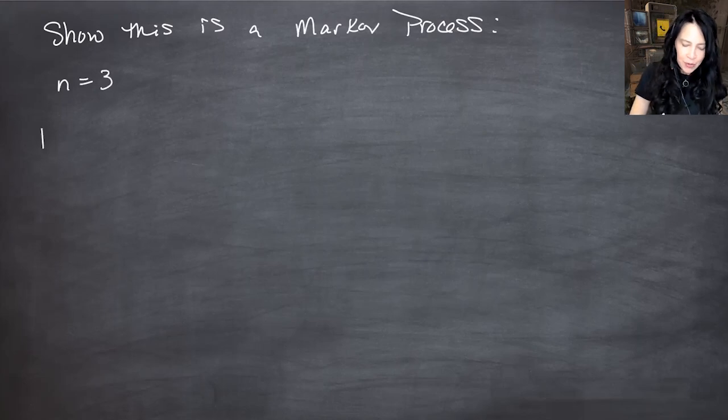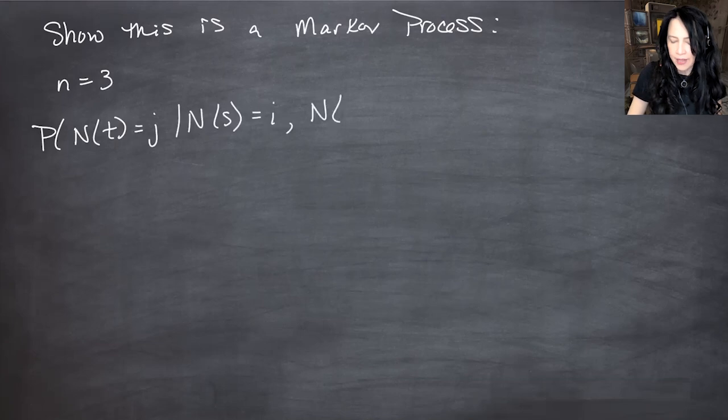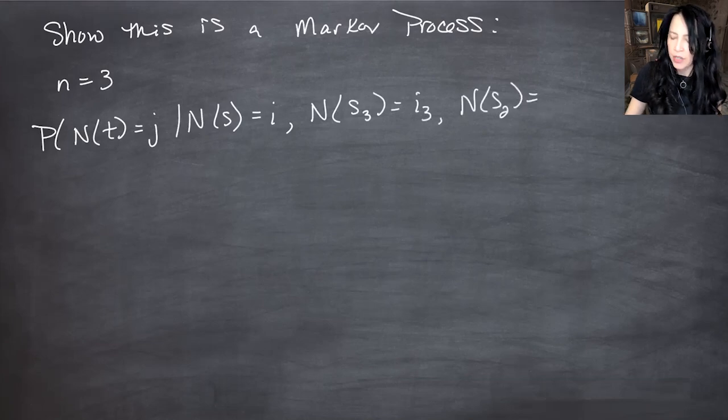I want to look at the probability that N at some time T is equal to J, given N at some earlier time S is equal to I, and N at some S3 is equal to I3, and N at some time S2 is equal to I2, and N at some time S1 is equal to I1.